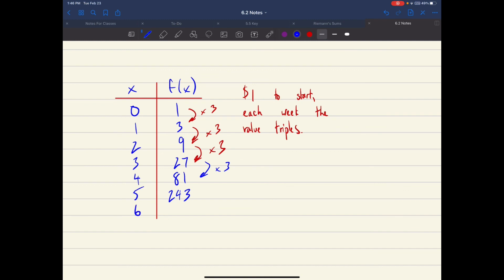Then after that, it starts to get increasingly large. 243 times 3 is 729. And you can see that it's going to continue to get really big after that. So 2187.